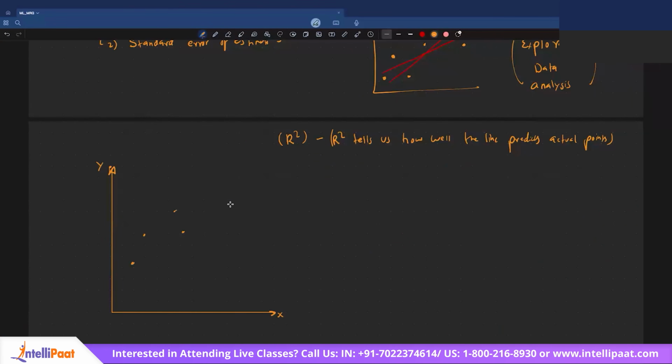R square, I'll explain in the simplest form. It is nothing but the distance between, and the distance between. There are two distances we will calculate: the actual value minus the mean value, and the estimated value minus the mean value.